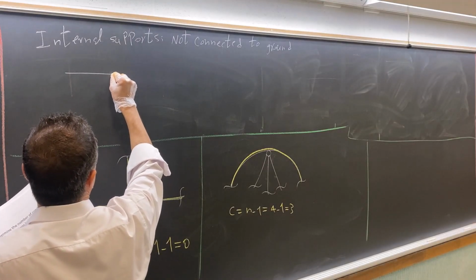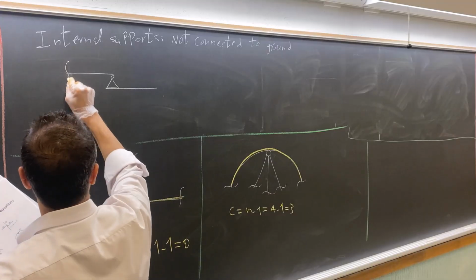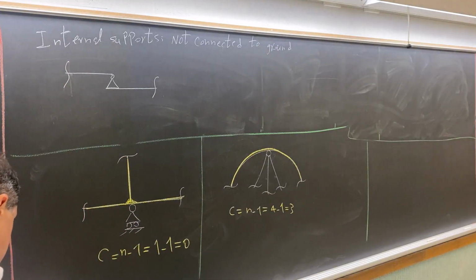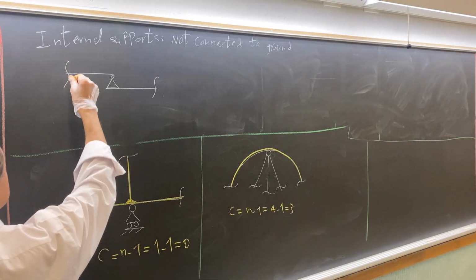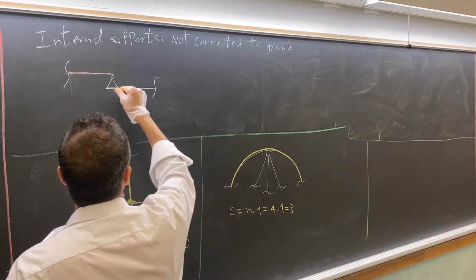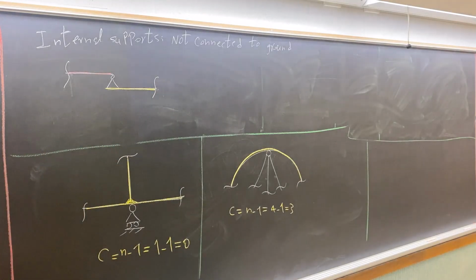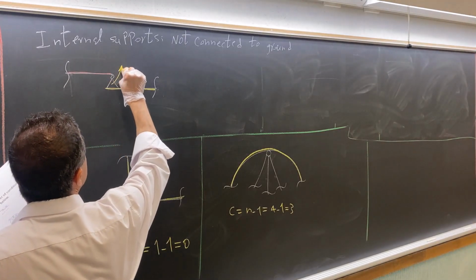This is part of the structure sitting on another part of the structure. So we have this element, so two elements of the structure are connected together. One element is sitting on another by internal support.